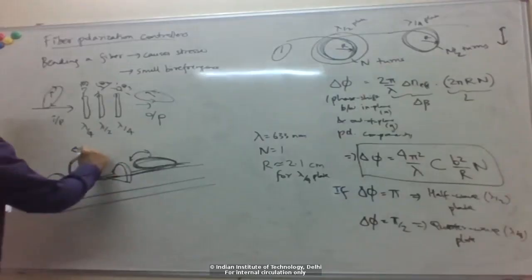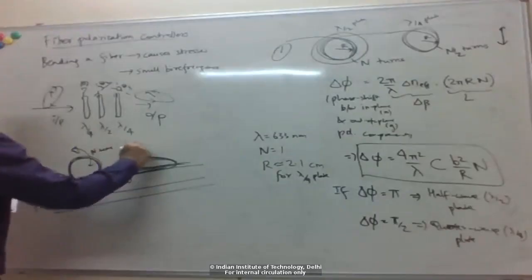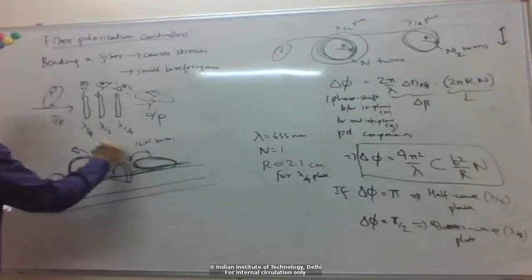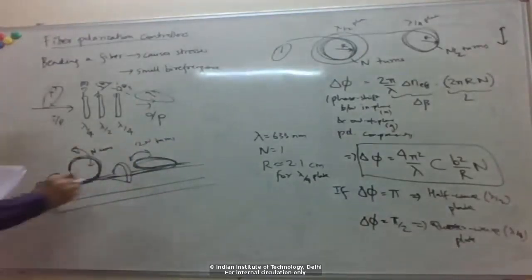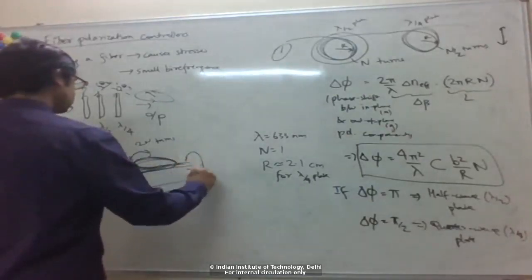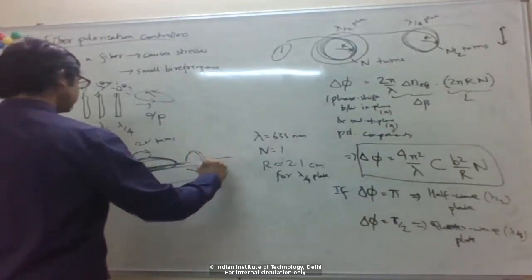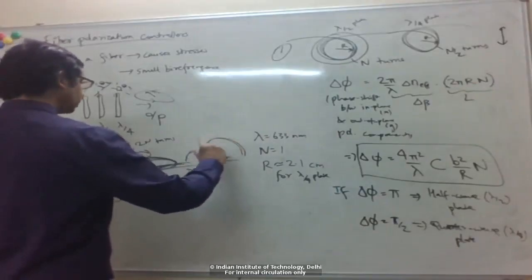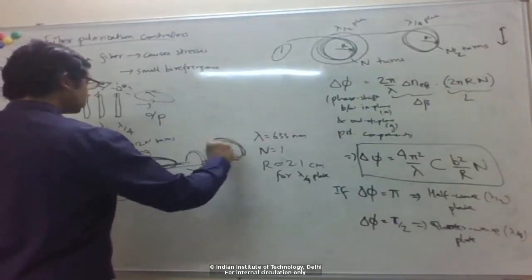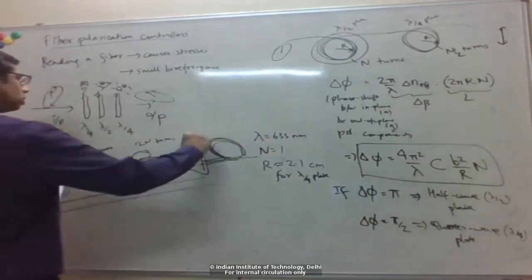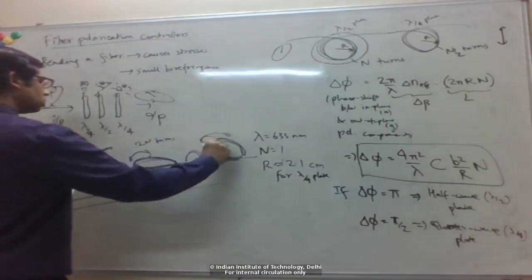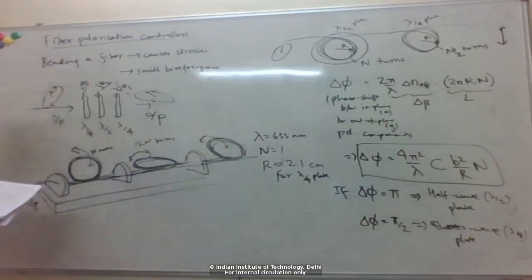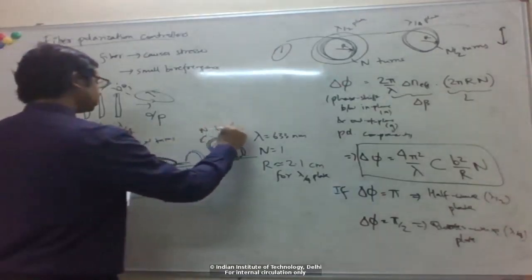This will have n turns. This will have two n turns to make it lambda by 2. And then you'll have another paddle after that. So this will also have n turns.